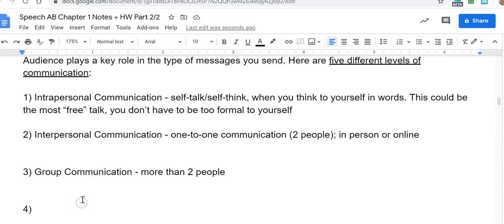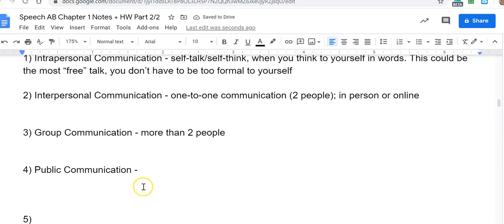Okay, public, the 4th one. We're just getting bigger and bigger. Public communication. This is where you'll see speeches, like when you have to give an oral report to your class.